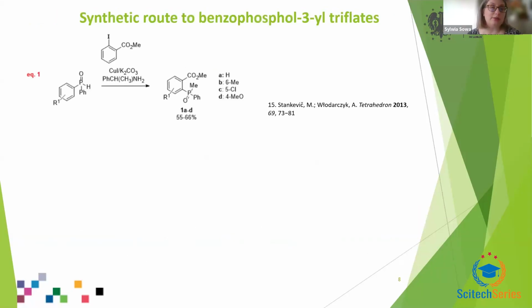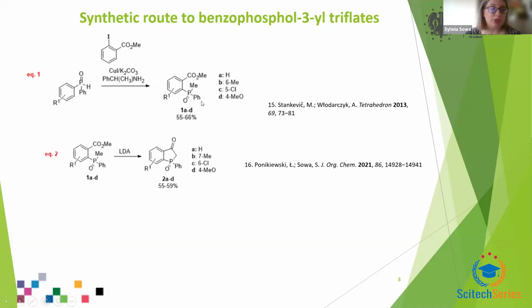According to our plan, we started the synthesis of the triflates from the beginning, starting from the secondary phosphine oxide, which was subjected to the Ullmann coupling with this aryl iodide. From the first step, we get the tertiary phosphine oxide 1, which was then subjected to the reaction with the strong base LDA, and we obtained the ketone 2.